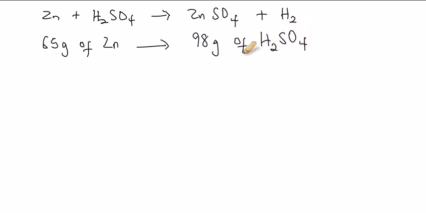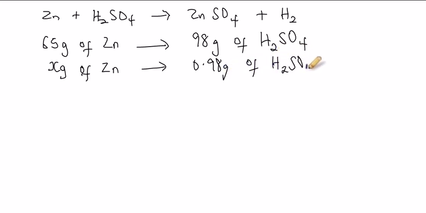Do not forget, we've gotten this from our previous calculations, that is when we calculated the reacting mass of the compound. Now X grams of zinc will be needed for 0.98 grams of tetraoxosulfate 6 acid. So to get X, we'll be making X the subject and cross multiplying indirectly.